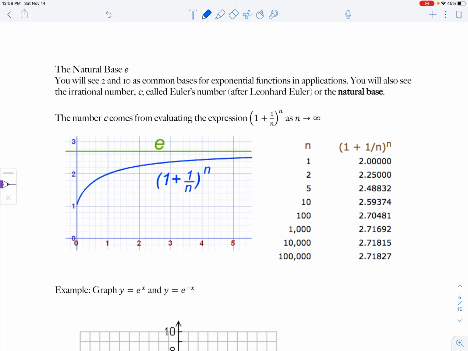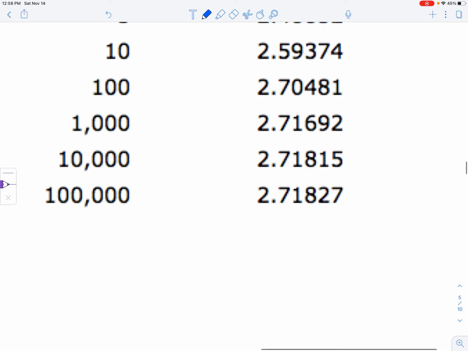So the number e comes from evaluating the expression 1 plus 1 over n raised to the nth power as n approaches infinity. So that expression, as you keep plugging larger and larger values in, ends up approaching the value of e, which it will be important for you going forward to at least remember an approximation of e.